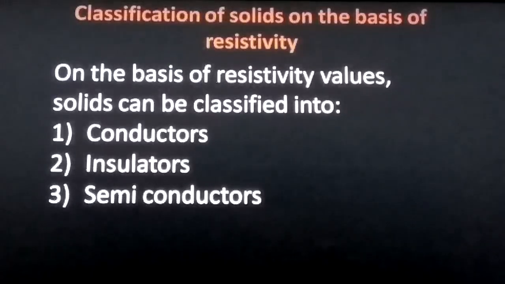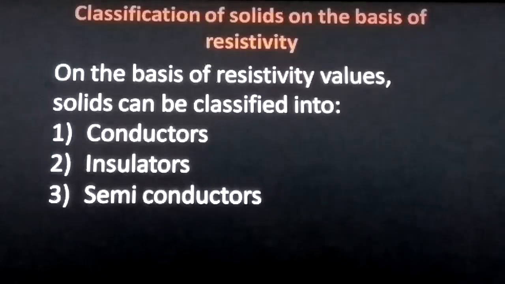So after knowing this, on the basis of the resistivity, the solids are classified into three types. On the basis of the resistivity, the solids are classified into three types. First one is conductors, insulators, and semiconductors.